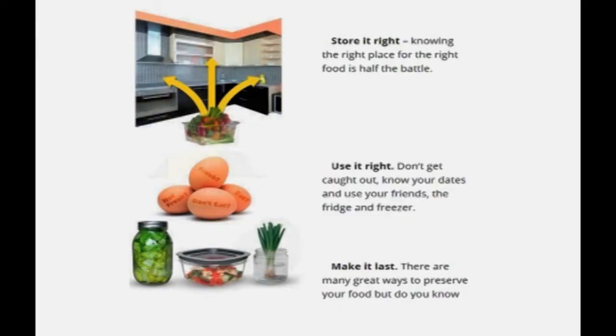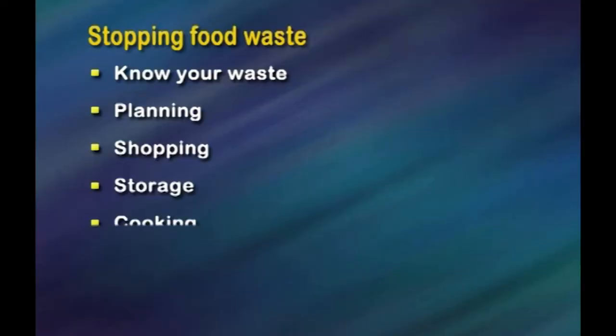Whenever foods are leftovers or have not been used properly, those foods can be used in a proper way by having get-together parties, by calling your friends and family relatives. The next point is make it last. There are many great ways to preserve your food, but you may not know how. The containers you use for food storage will help you avoid food waste.